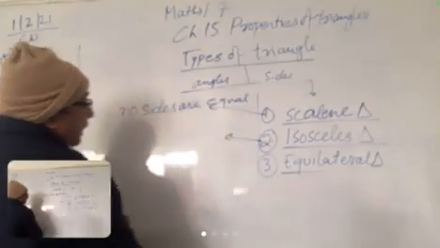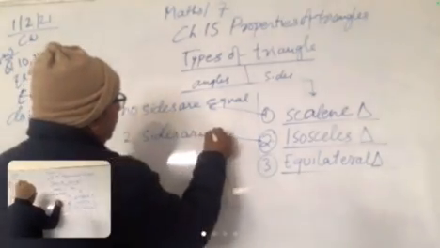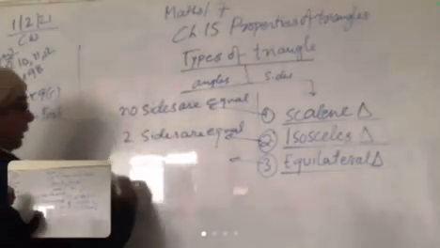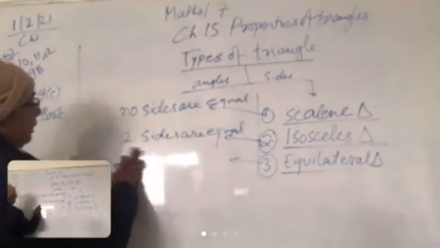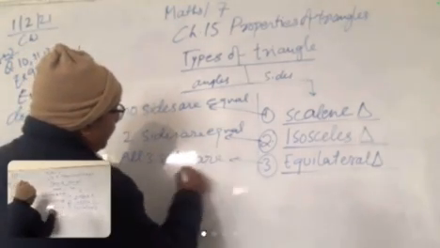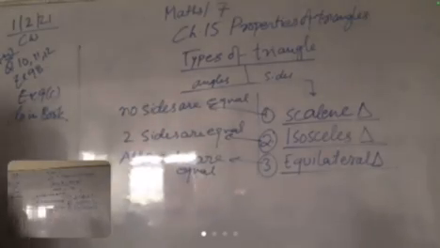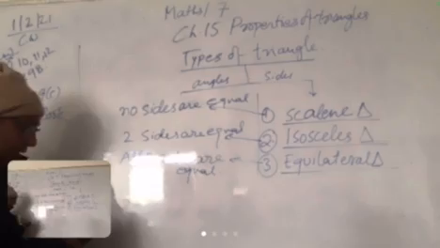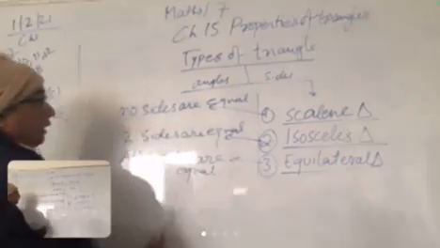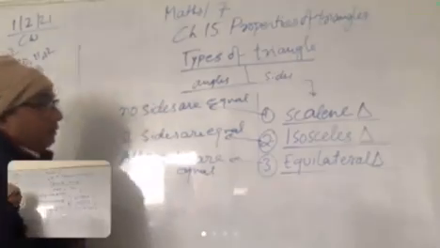In isosceles triangle, two sides are equal. And in equilateral triangle, all three sides are equal.